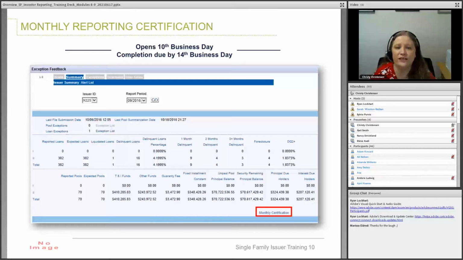The monthly reporting certification opens on the 10th business day, with the deadline being 7 p.m. Eastern Time on the 14th business day. To navigate to this screen, hover over RFS, click Exception Feedback, then click the Summary tab. The monthly certification blue link can be found in the lower right-hand corner and is also highlighted with the red box on this slide.